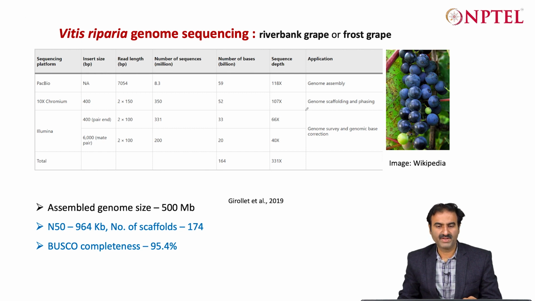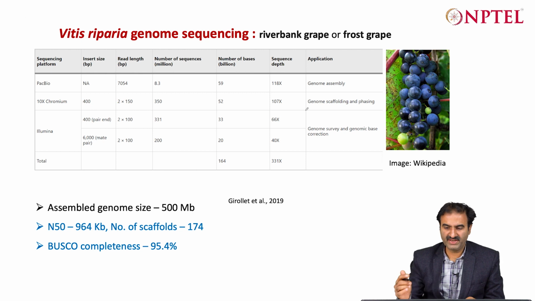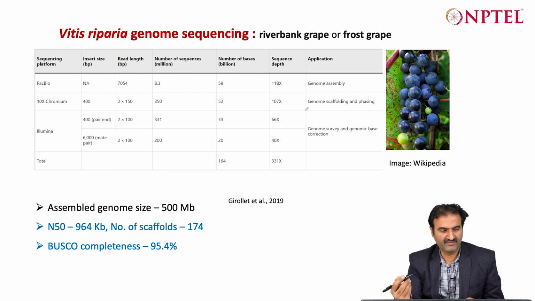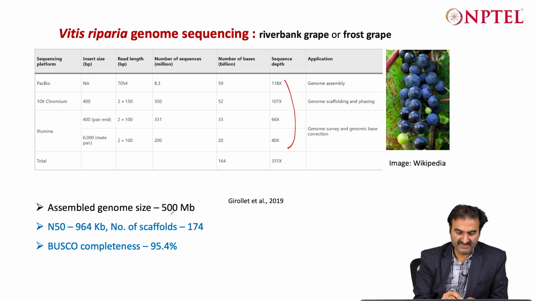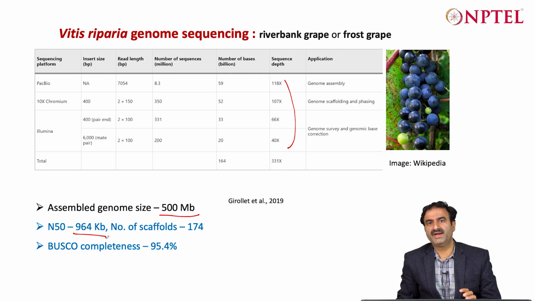reporting your genome. For example, in this genome that we have already seen earlier, a riverbank grape or frost grape genome, basically using multiple types of data from PacBio, Chromium link reads, short reads, a lot of data with high depth, the assembled genome size was 500 MB, but the N50 was only 964 KB, that means less than 1 MB.